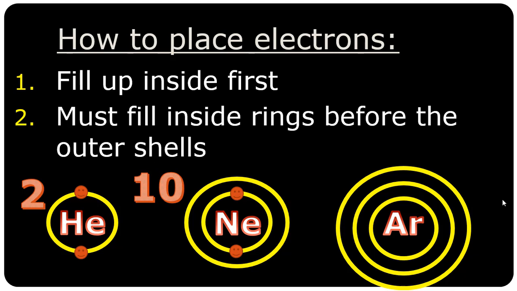I've already put 2, so I need a place to put my other 8 electrons. Good news for us, 8 electrons can fit on the next energy level. So I'm going to put electron number 3, 4, 5, 6, 7, 8, 9, and 10 on the outside ring for neon.